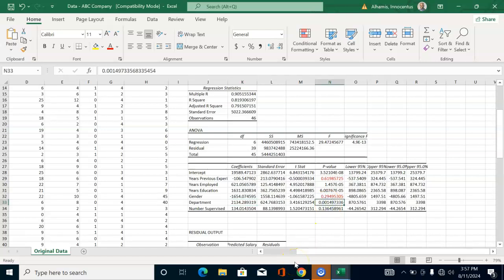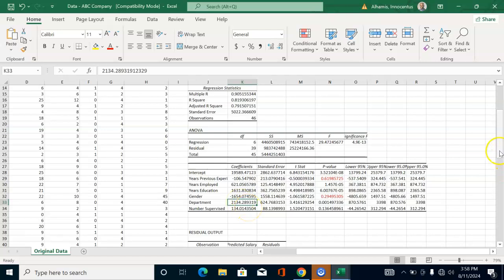The probability value in this case is 0.001497336, and this amount is less than 0.05, and therefore we'll say that this amount is significant. So if you move from one department to another, you're going to earn this amount, and this amount is significant.